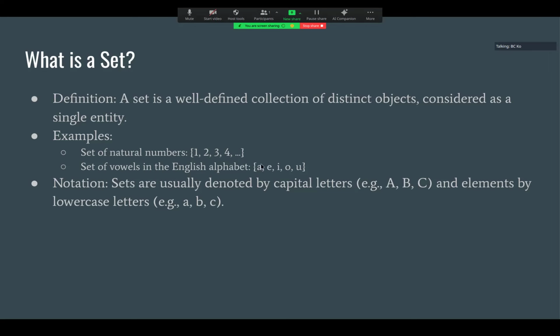Another example is the set of vowels in the English alphabet, which can be represented as A, E, I, O, U. Sets are usually denoted by capital letters, such as capital A, capital B, capital C, while the elements of the set are denoted by lowercase letters, such as lowercase a, lowercase b, and lowercase c.